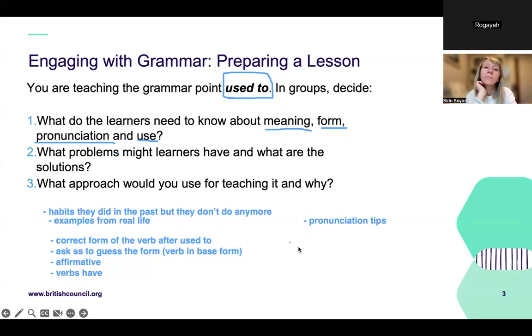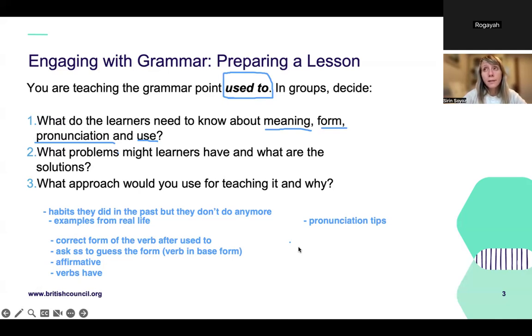Okay. So the solution for this is to give them examples about routine action in a present time, and to explain by giving them more sentences actually, and more drilling. To explain that we use used to for habitual repeated action, and we've stopped doing that at the present time. That's the most common problem that they face now.